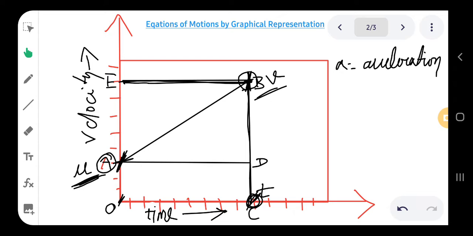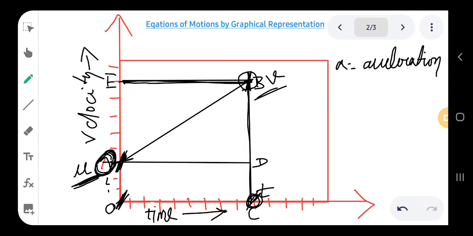Suppose this is 1, this is 2, and this is 3. So O to A is 3, and O to A is our initial velocity.